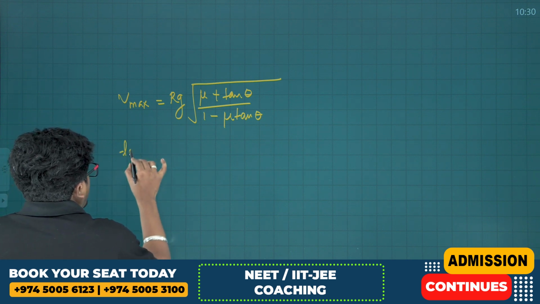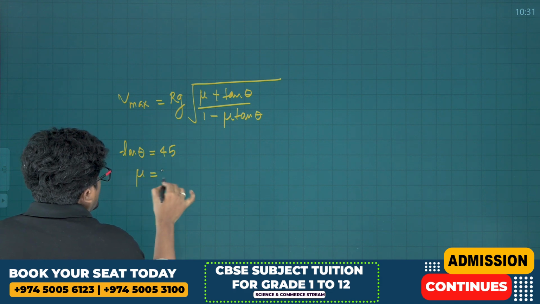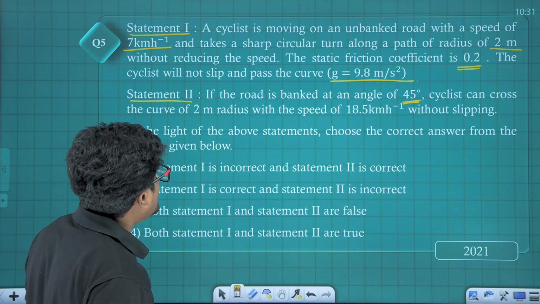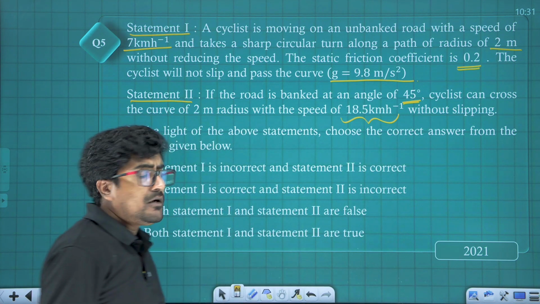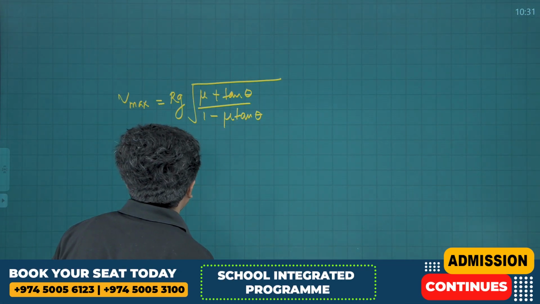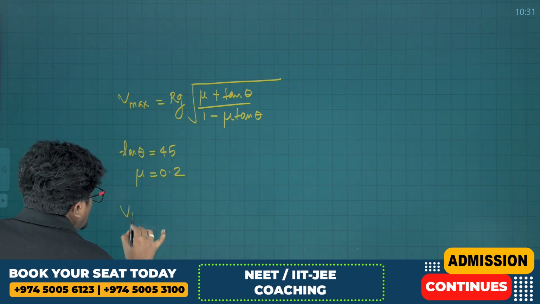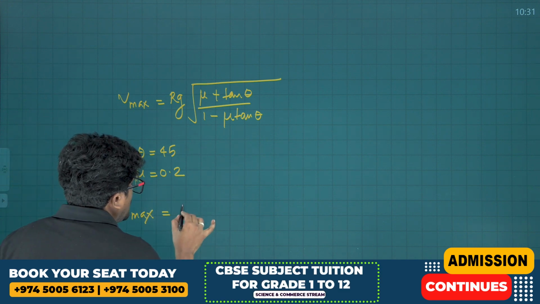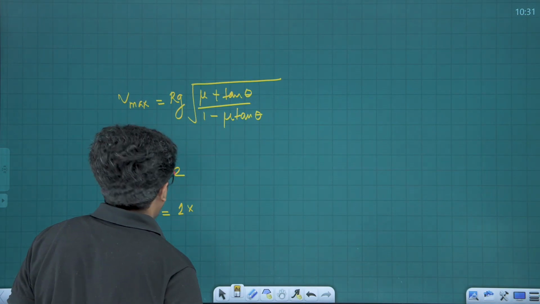And what is tan theta we are having? Theta is 45 degree, and mu is marked as 0.2. Mu is marked as 0.2. And statement number 2 says it can have a maximum speed up to 18.5 km per hour. Now, in this condition, if you go ahead with this calculation, so here V max is going to be, R is 2, R is 2.